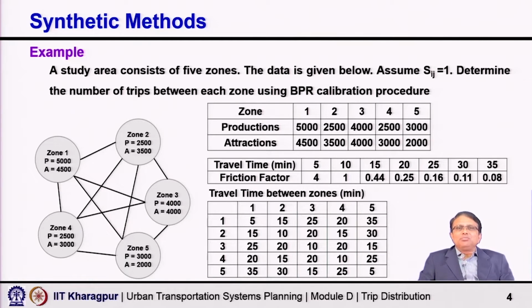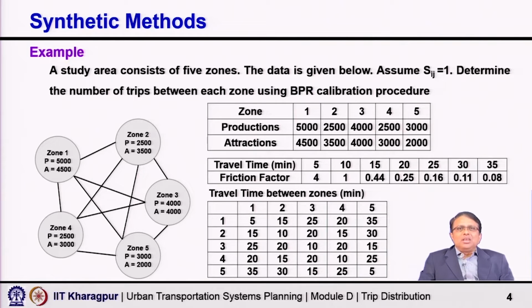So, the travel time range could be quite big, but here it is just an example, because my sole purpose is to explain to you clearly the steps of how we develop this. So, I have taken an example which is relatively simple. My travel time values are there.